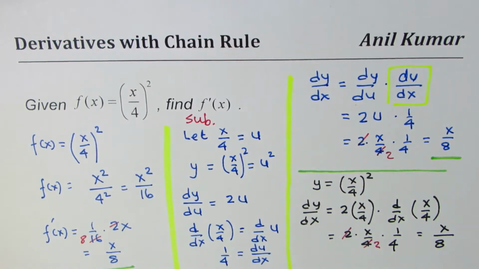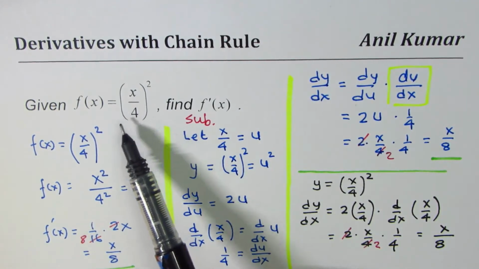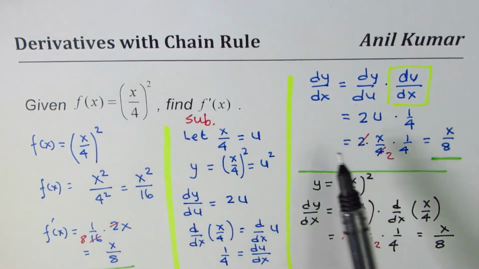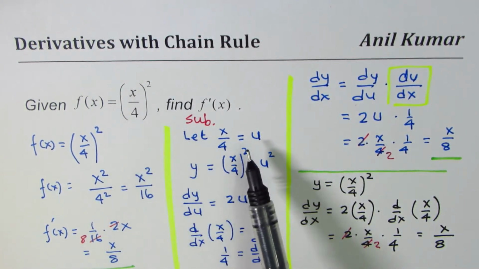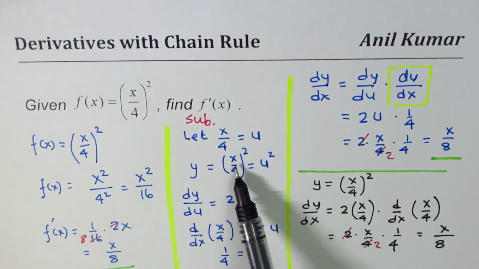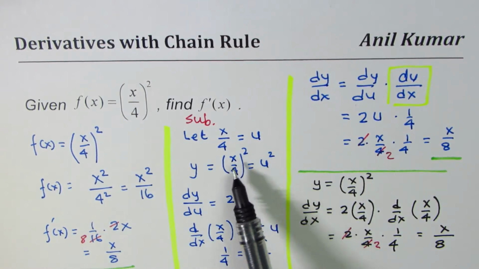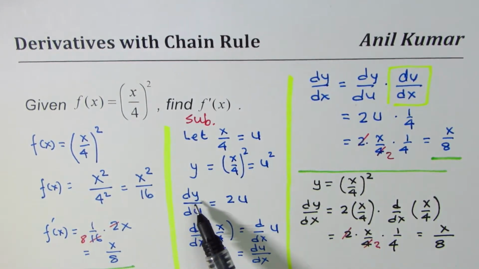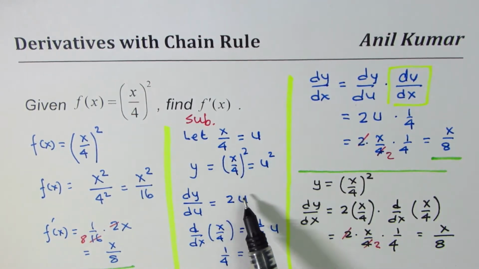Now that is how you could do the derivative of such functions. This function is actually a composite function, just as we have shown with substitution. If you take x over 4 as u, then the function becomes u squared. You understand? So it's a composite function. So when you take the derivative of the function, we take the derivative of the outside function times the derivative of the inside function.